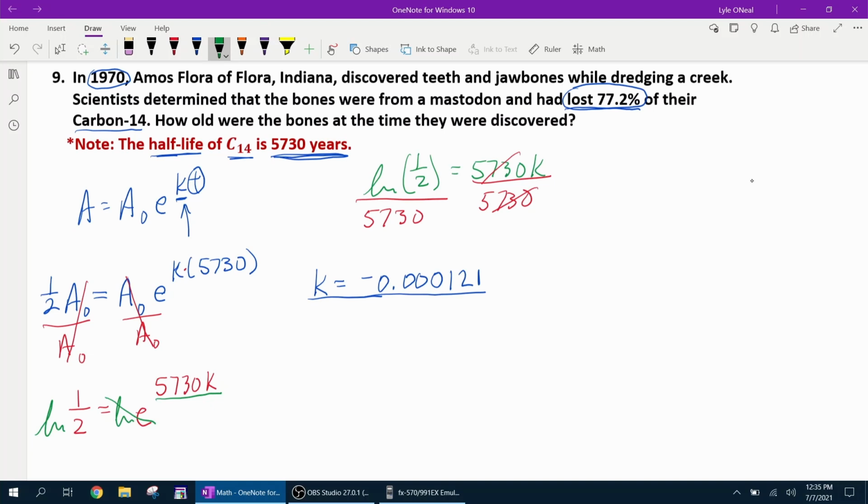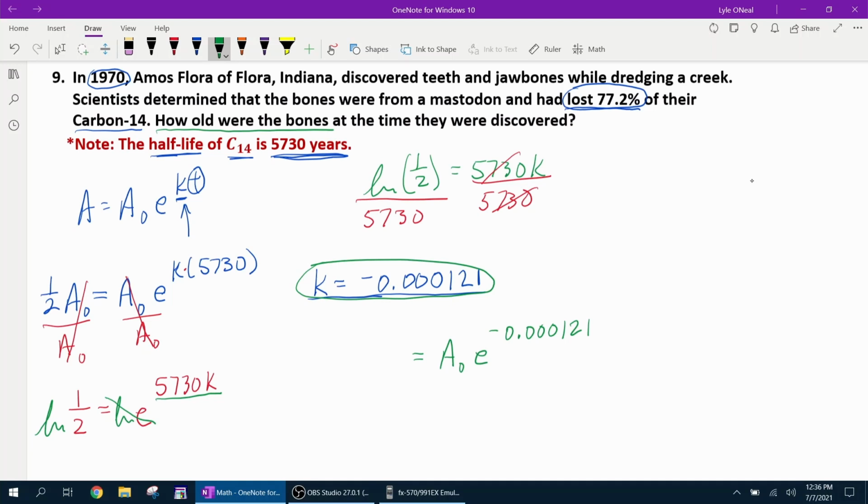Now we can set up our formula and solve for the actual question, which is how old were the bones? The initial amount of carbon-14 we still don't know. E to the negative 0.000121, that's from our decay rate.